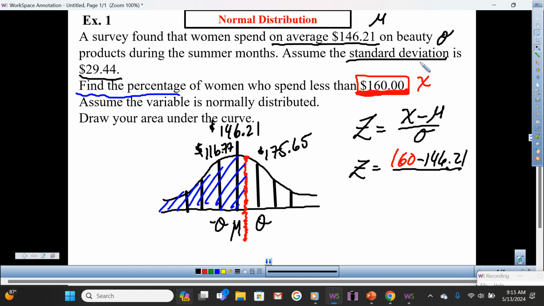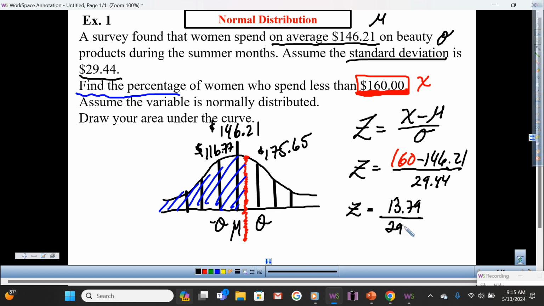Over standard deviation, which was 2.944. So let's see, 160 minus 146.21, that gives us 13.79.